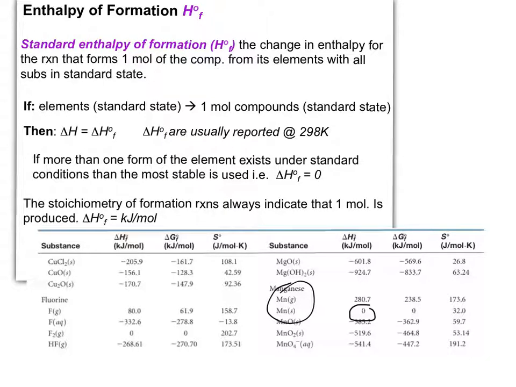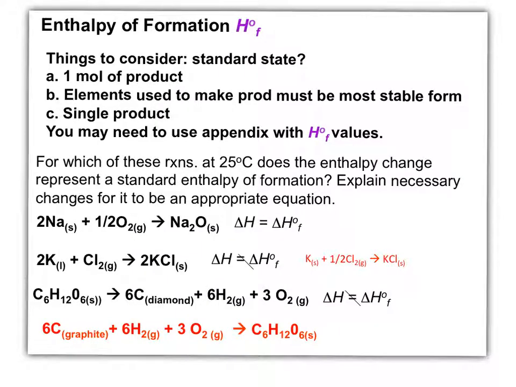So now that we understand the standard enthalpy of formation tables and how to actually select the appropriate substances in their standard state, let's go ahead and look at a few more details. Identifying reactions that actually can represent the standard enthalpy of formation, we have to follow a few rules.